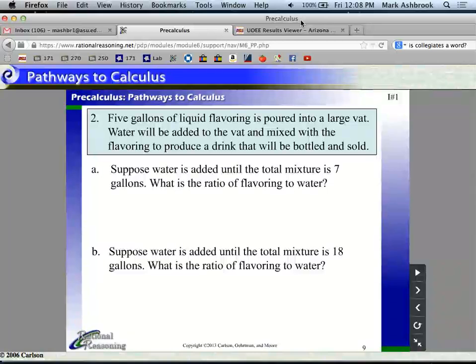When you go through this, you've got 4 quantities to keep track of. First is the amount of flavoring: always 5, never changes. Next is how much water. Next is the total gallons of both. And finally, the ratio of flavoring to water.